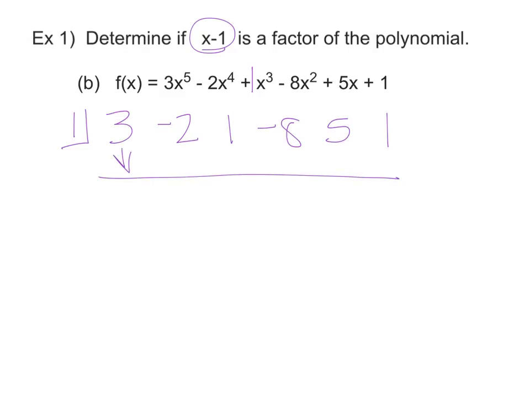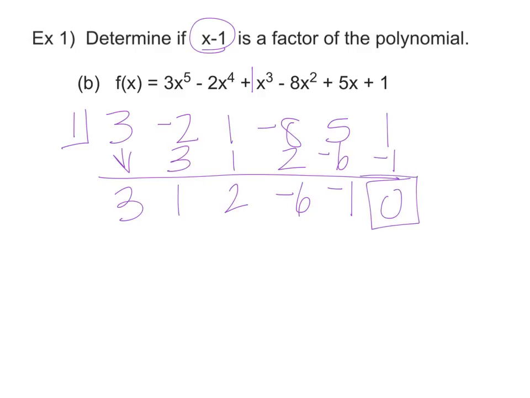Drop that 3, and I have 3 times 1 is 3, and I add them up, giving me a 1. 1 plus 1 is 2, so I get a negative 6. Which gives me a negative 1, and I get my remainder of 0. So, is x minus 1 a factor of this polynomial? You betcha it is.